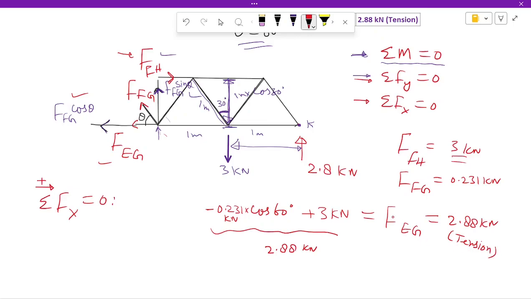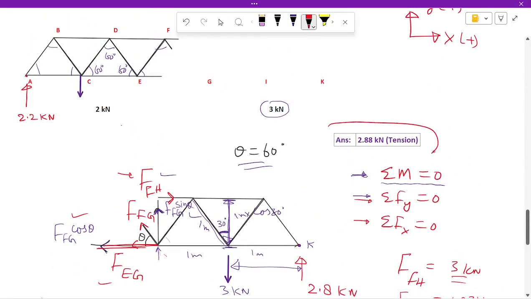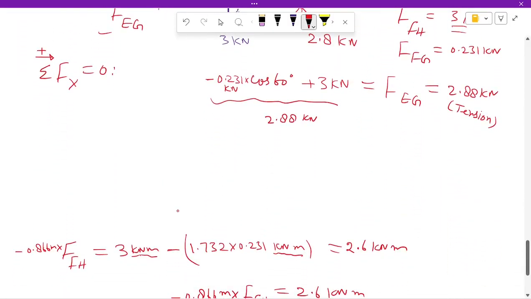So the force in this EG member is 2.88 kilonewton. Okay, so this is our answer. So this is how we solve problems using what? Method of sections. Okay, so I think that's it. If you have any doubts, please comment, and see you in the next class. Thank you.